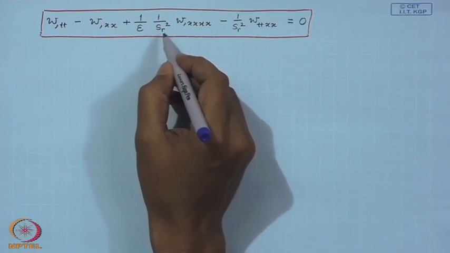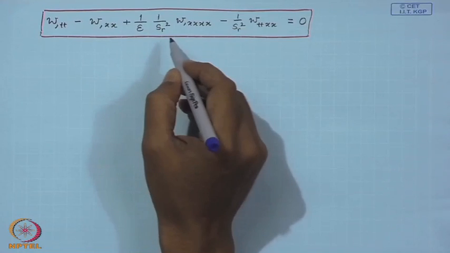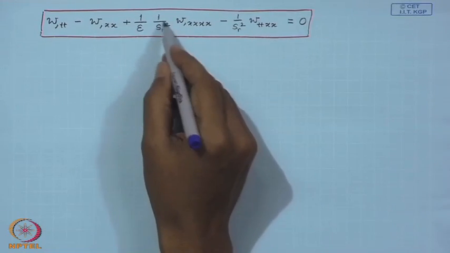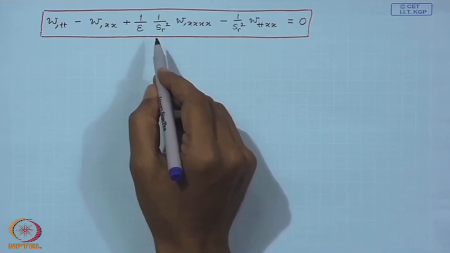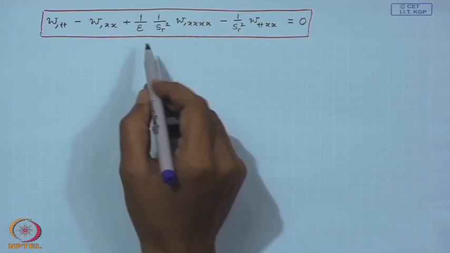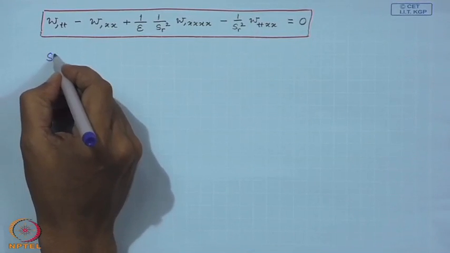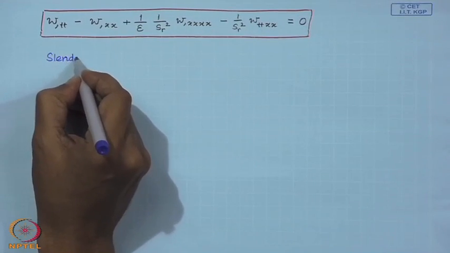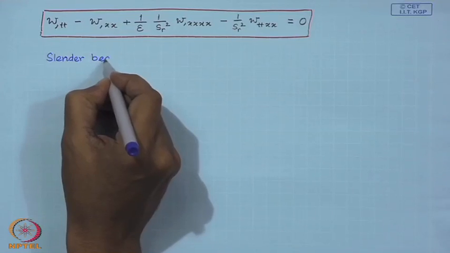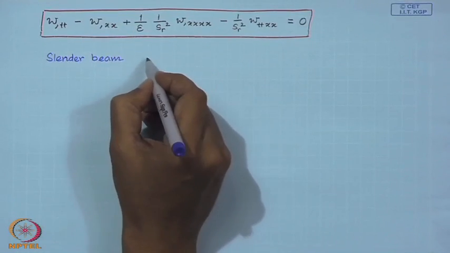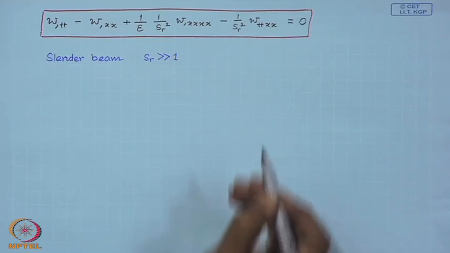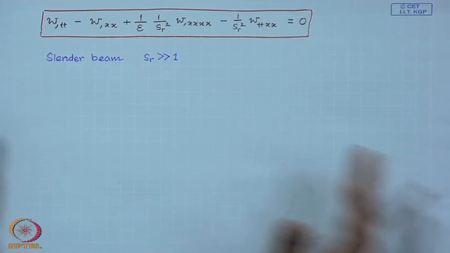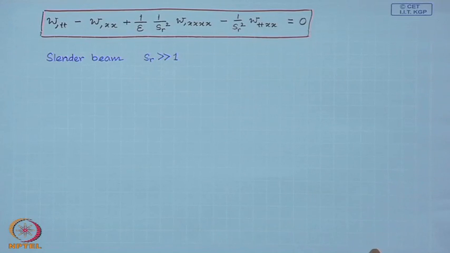This is the slenderness ratio, which indicates how slender the beam is. It is the length over the radius of gyration. So, if the beam is very slender, then the slenderness ratio is very large, because its length is much larger than the area property.